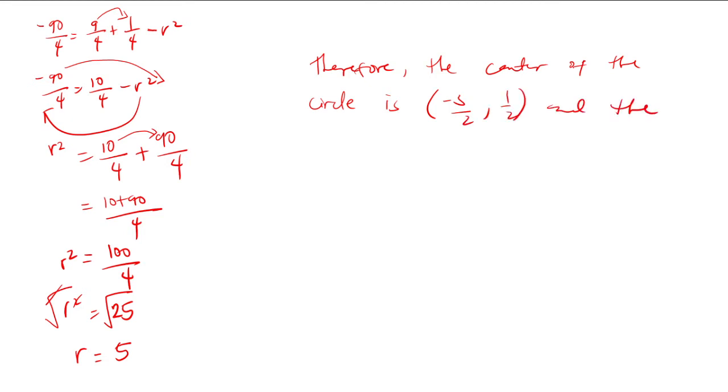And the radius is, ito, 5 units. Okay, that's it. So, that's how you find the center and the radius of the circle given the equation.